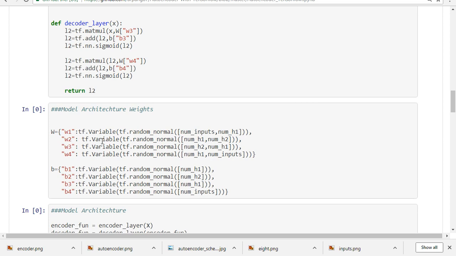You declare them as tf.Variable, and you use the random normal distribution for all the elements in this matrix. Now the initial weight matrix w1 should be of num_inputs comma num_h1, which I have already explained here.